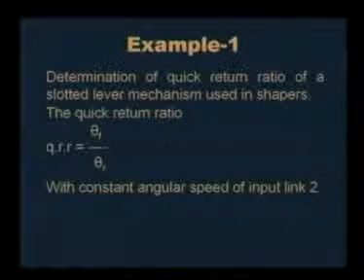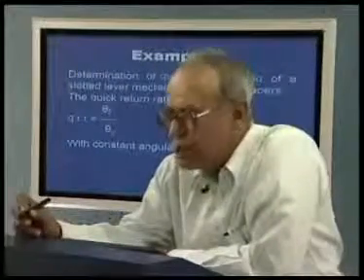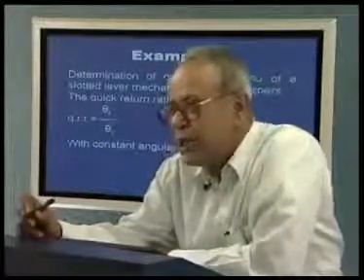It has already been seen that the quick return ratio, which is defined as QRR, is equal to theta f by theta r, where theta f is the rotation of link 2 during the forward motion and theta r is the rotation of the same link 2, that is the bull gear, during the return motion of the cutting tool. Of course, we are assuming that the angular speed of link 2 remains constant.